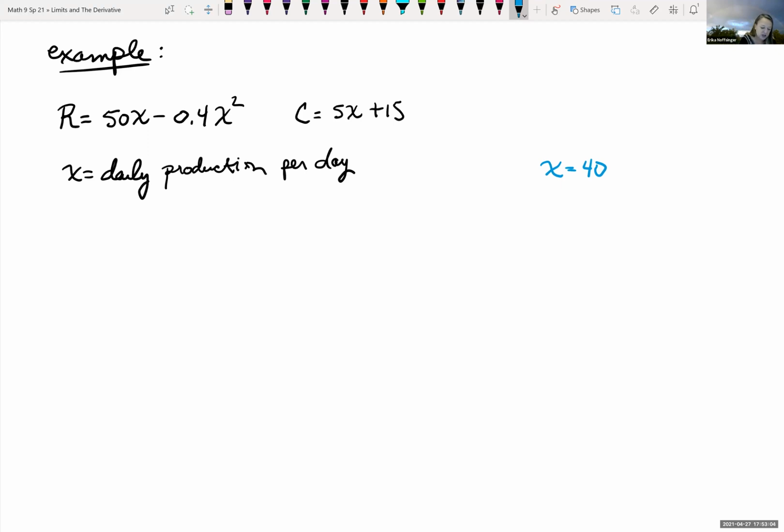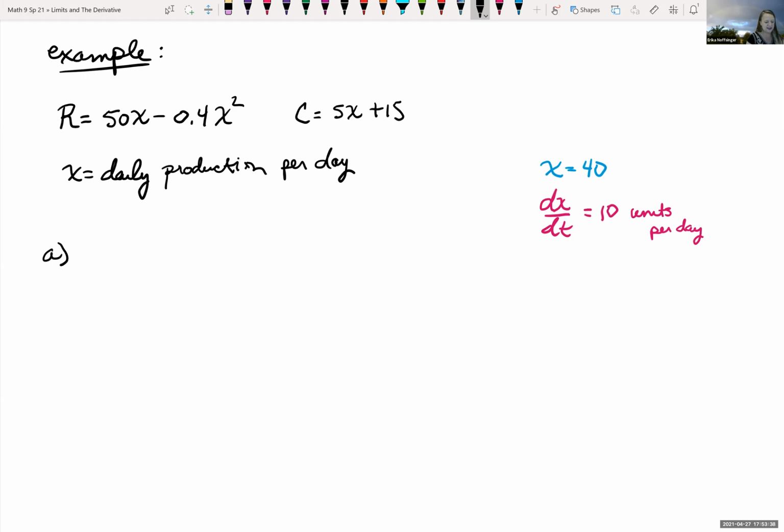So the rate of change, our production is x, so our rate of change, dx/dt, is equal to 10 units per day. So we want to know what is the rate of change of the revenue with respect to time.